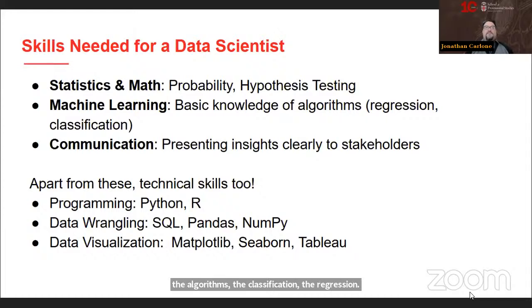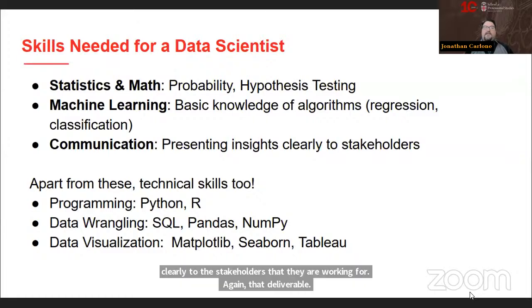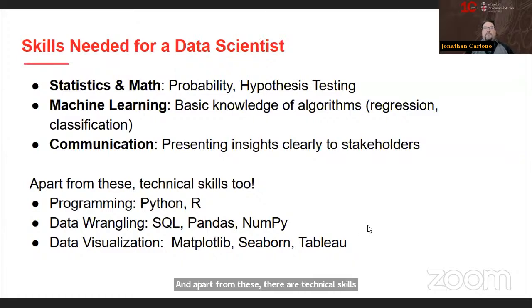Data scientist is presenting insights clearly to the stakeholders that they are working for, again, that deliverable. And apart from these, there are technical skills as well. Again, we want to be looking at Python and R, data wrangling in SQL, visualization in Seaborn and Tableau.